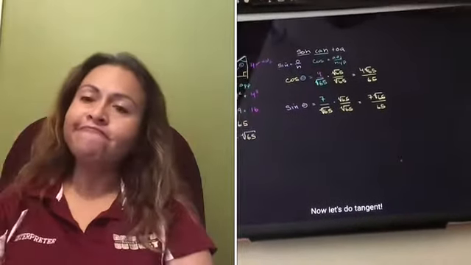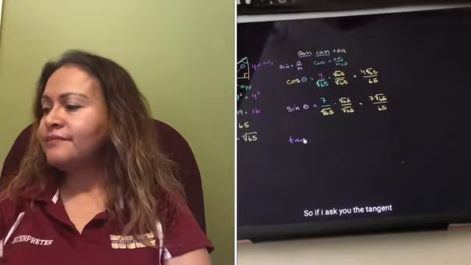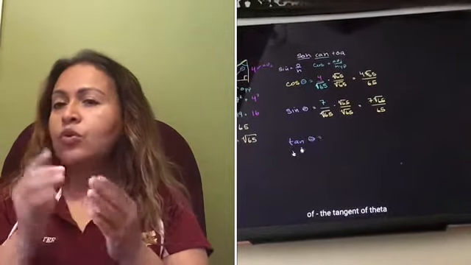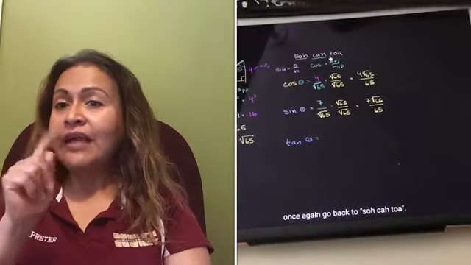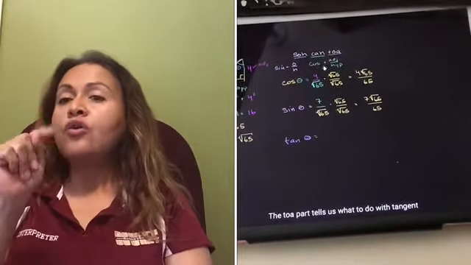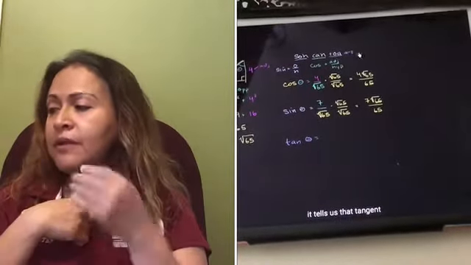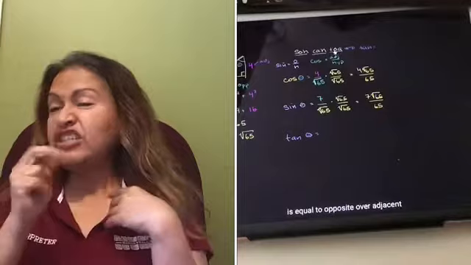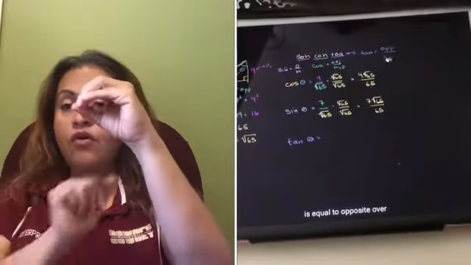Now let's do tangent. So if I asked you the tangent of theta, once again, go back to SOHCAHTOA. The TOA part tells us what to do with tangent. It tells us that tangent is equal to opposite over adjacent.